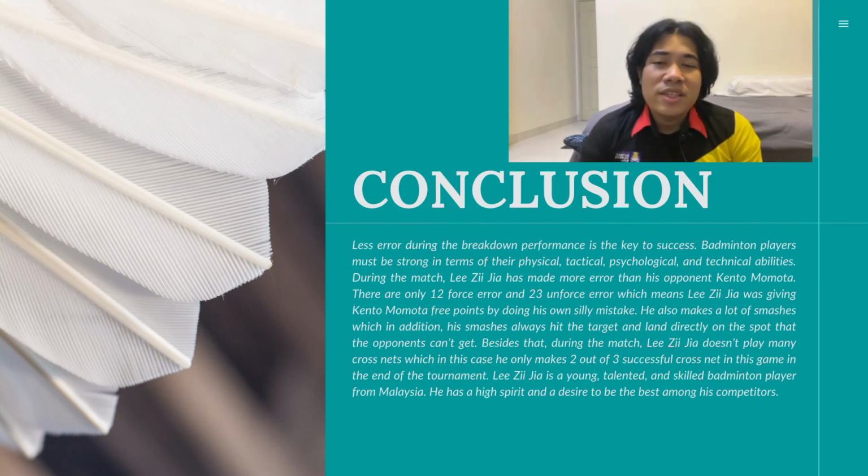So we can see that YAHYA has high spirit and ambition to be at the top, and of course to win over one of the former world number 1 in the badminton ranking, Kento Momota from Japan. So that is the conclusion for this performance analysis: we should avoid making our own mistakes in order to win a game in a sport.